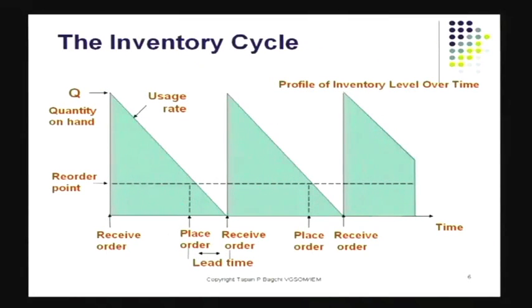Let's worry a little bit about inventories, because inventories, as I just mentioned, form part and parcel of a supply chain. Let's see how an inventory typically operates. There are a couple of things to consider.